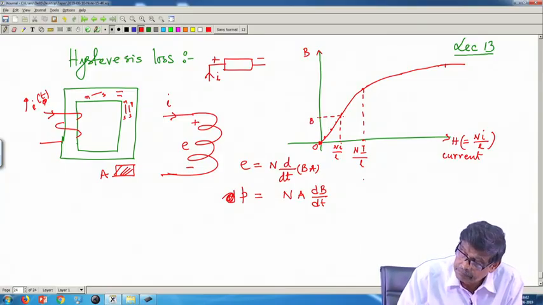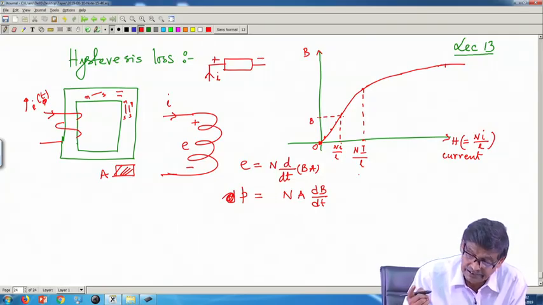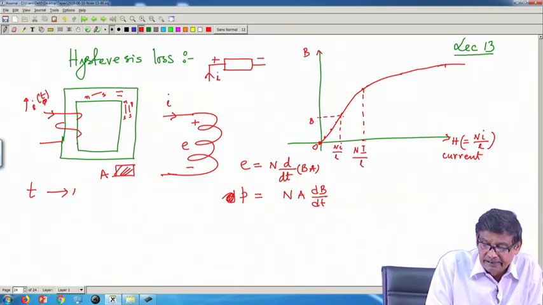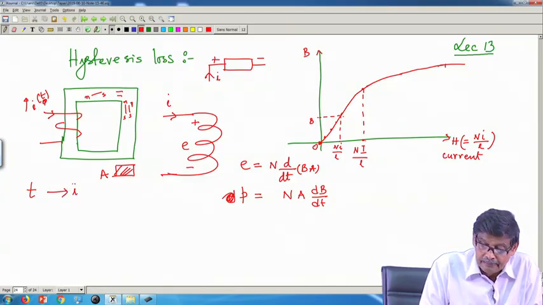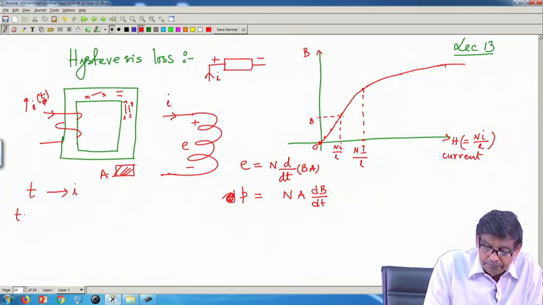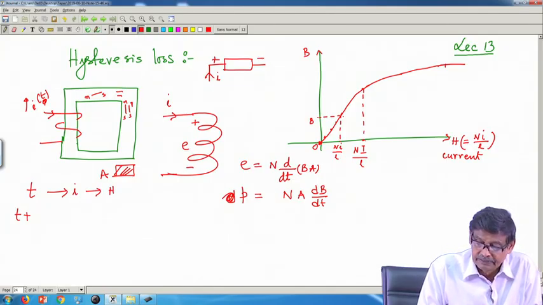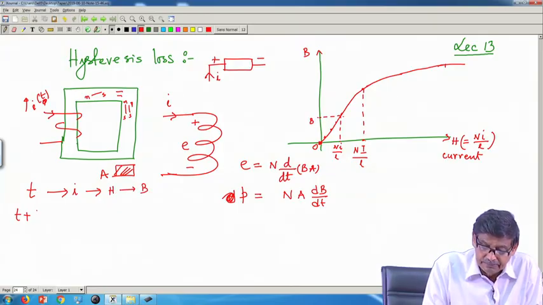Then energy supplied. So, what I am essentially doing is, let me write it like this: at time t, current is I. At time t plus dt, which means a particular H, a particular B. At time t plus dt, suppose some time elapses, current has increased from I to I plus dI.